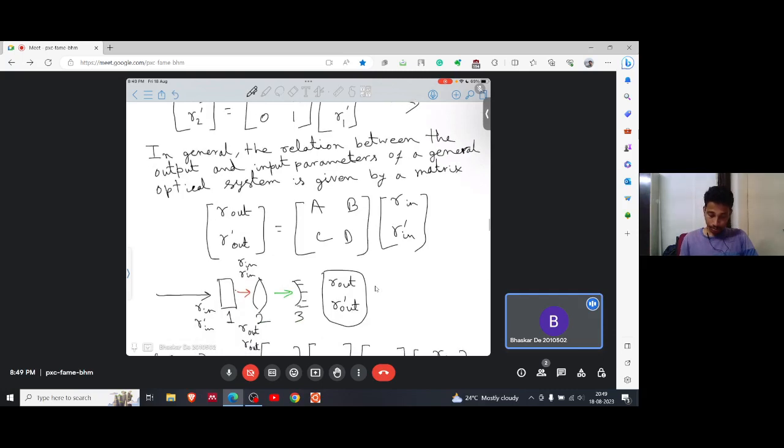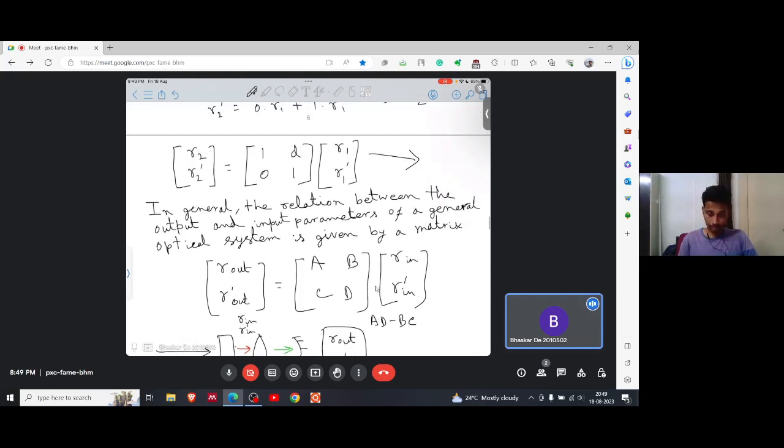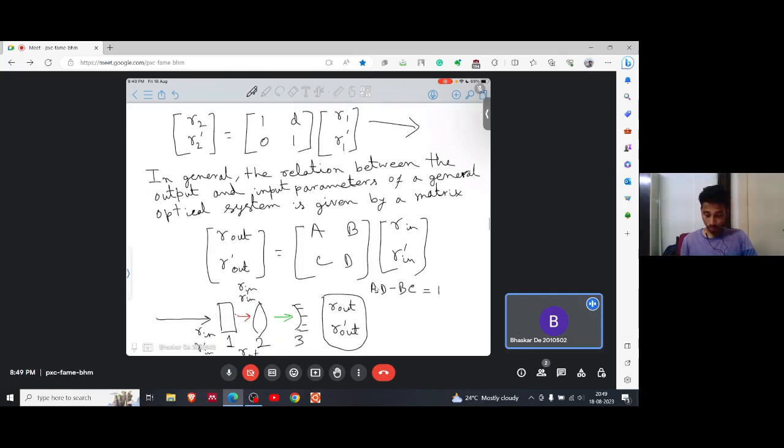So when we take the determinant, we will have AD minus BC. Now if we think of this matrix, the determinant is 1 times 1 minus 0, which is 1. So the determinant is always 1.